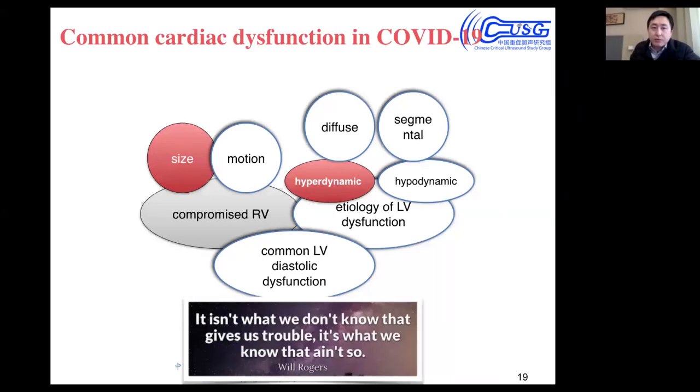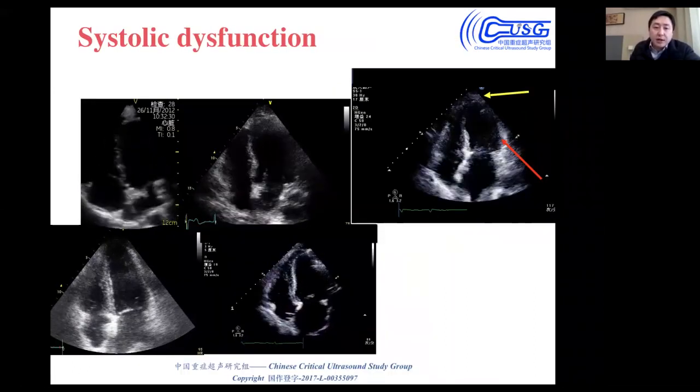As we know, cardiac dysfunction is common in the COVID-19 patient. There are different types. There are the compromised RV or the dysfunction of the left ventricle, including systolic dysfunction or diastolic dysfunction. Firstly, the systolic dysfunction is what we see in the COVID-19 patient.